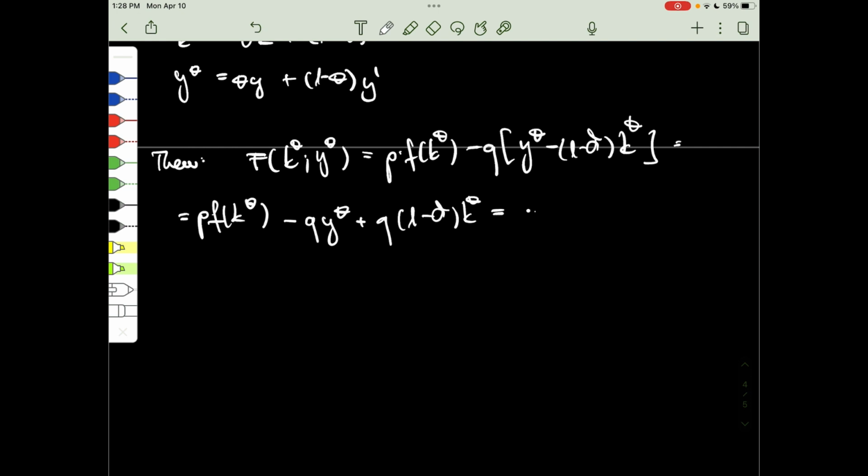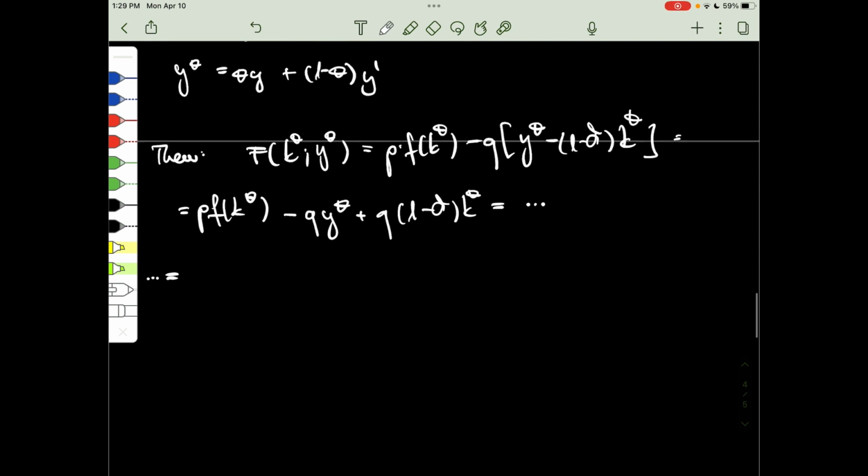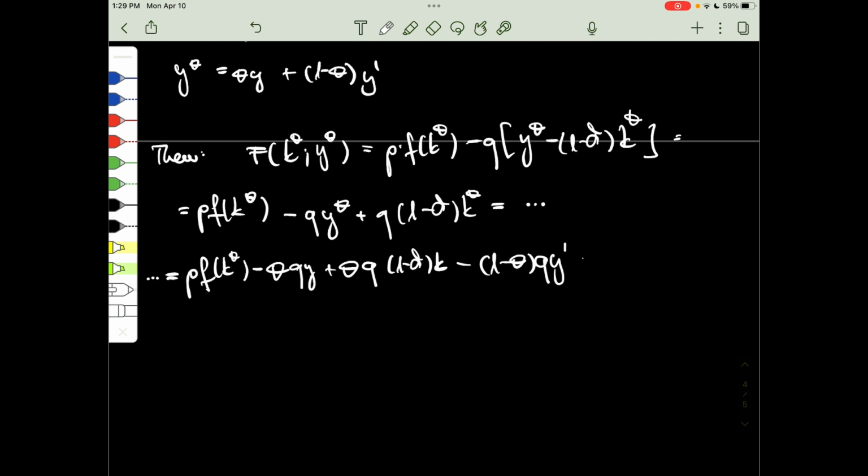So after a few steps, we have that, it's easier than it may look.